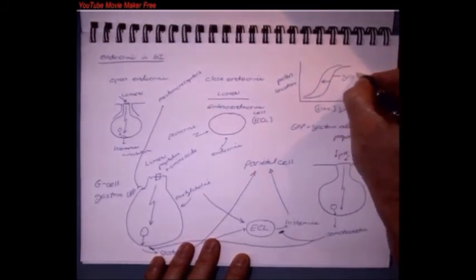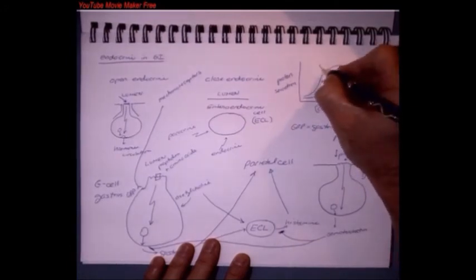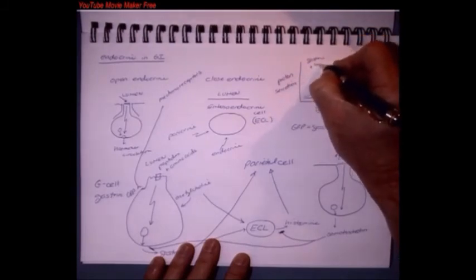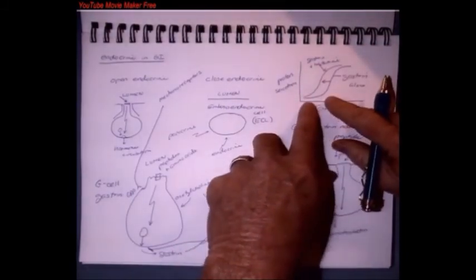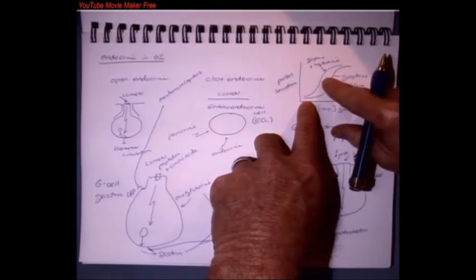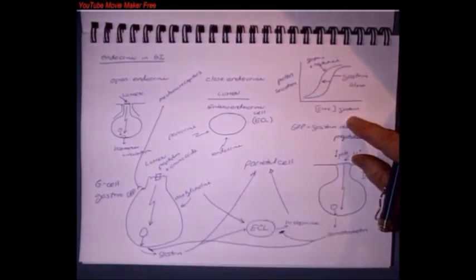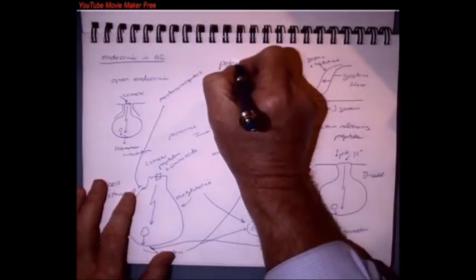So if this is gastrin alone, and this is gastrin plus histamine, we see now that a lower concentration of gastrin, when combined with histamine, will actually give a better effect. And this is the process called potentiation.